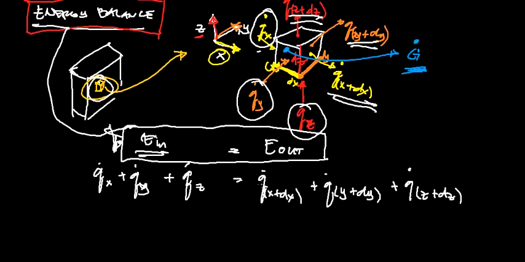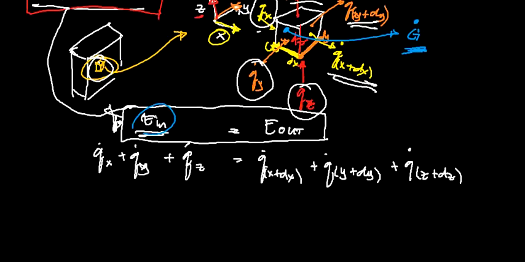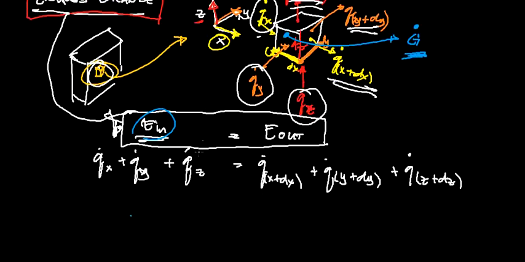We add this to our energy in: Q x plus Q y plus Q z plus G dot, equals this part.